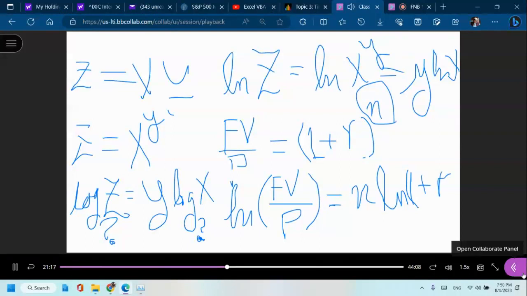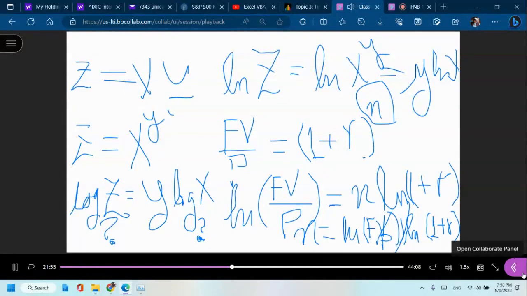Okay, and solving for n, if you want to solve for n, what do you need to do? You divide natural log of FV over P by natural log of 1 plus r, right? Okay, hence we arrived at the formula.